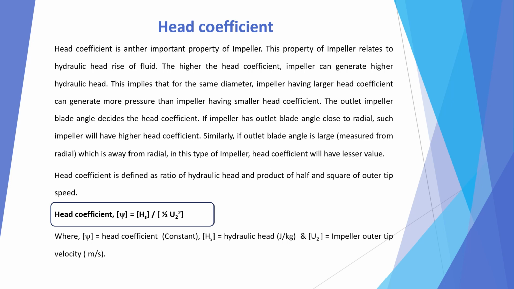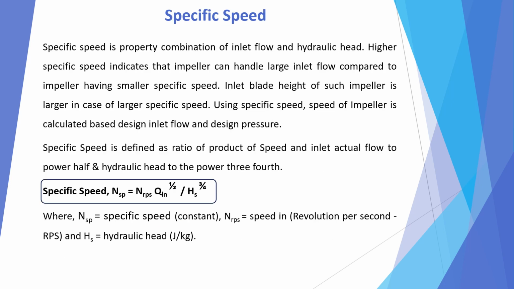The third property is specific speed, and it is a combination of inlet flow and hydraulic head. So higher specific speed indicates the impeller can handle larger inlet flow compared to impeller having a smaller specific speed. Inlet blade height of such impeller is larger in case of larger specific speed.